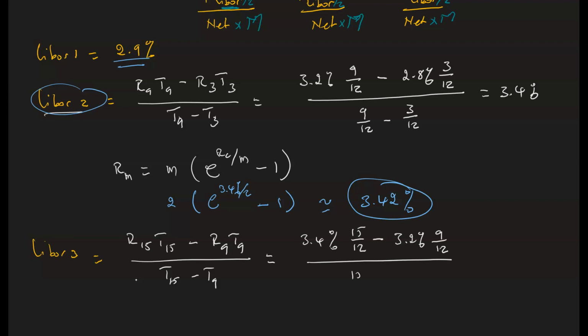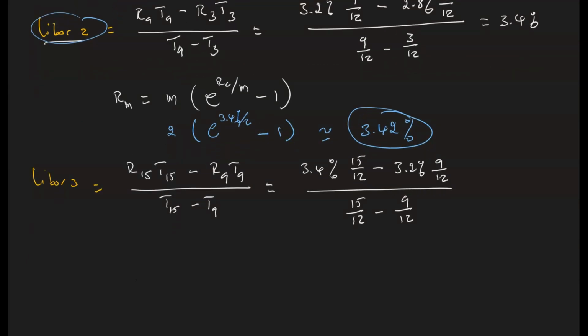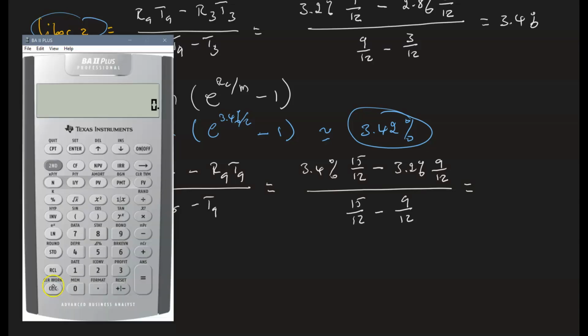That's going to be 15 divided by 12 minus 9 divided by 12. And so remember, we still have to convert that to semi-annual compounding. So let's pull the financial calculator and do just that again.